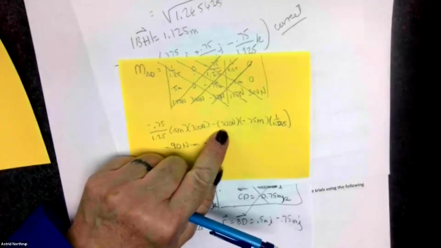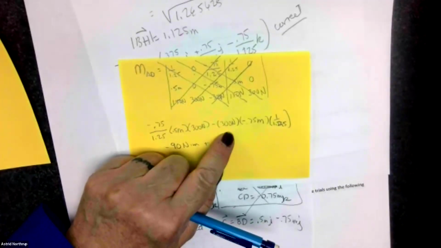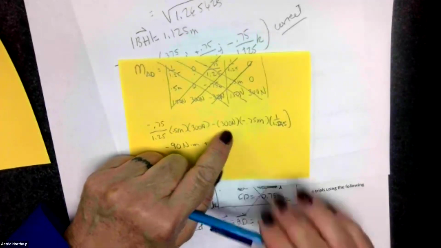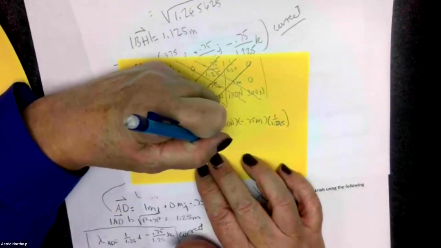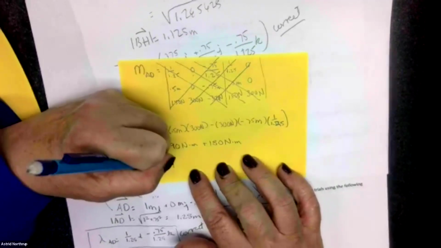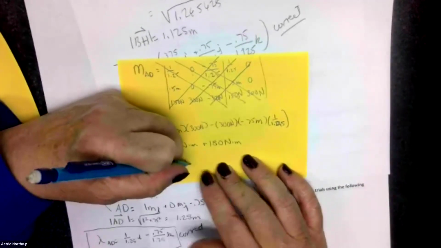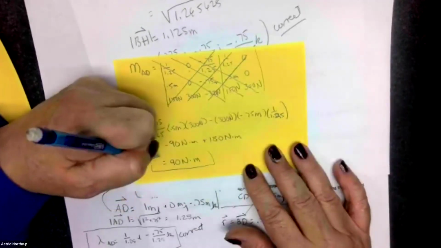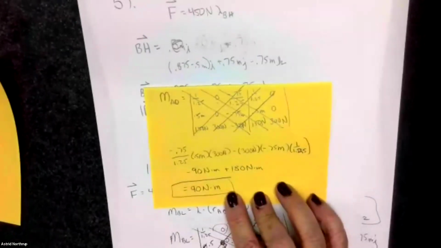The value is 300 times 0.75 divided by 1.25, 180 newton meters. And the answer then is a positive 90 newton meters, which I think is numerically what I came out with before doing it the wrong way, but that's just a horrible coincidence.